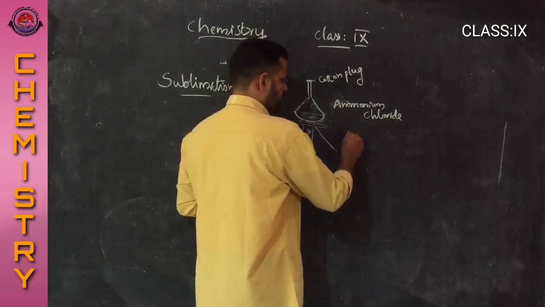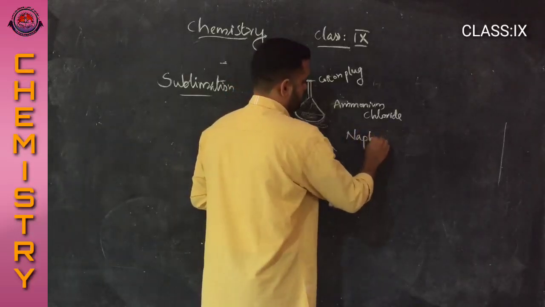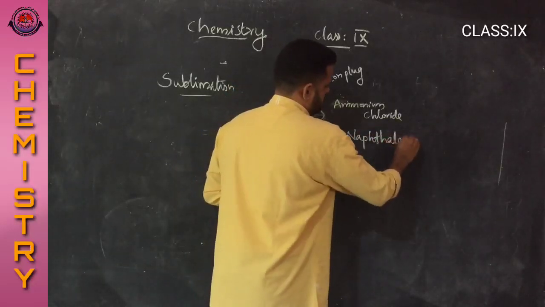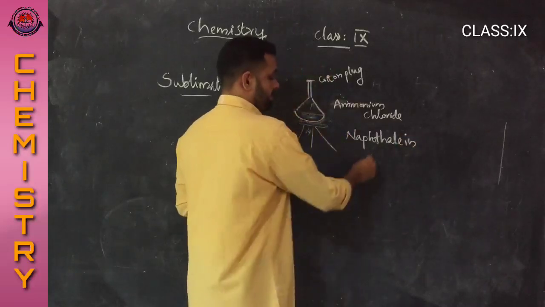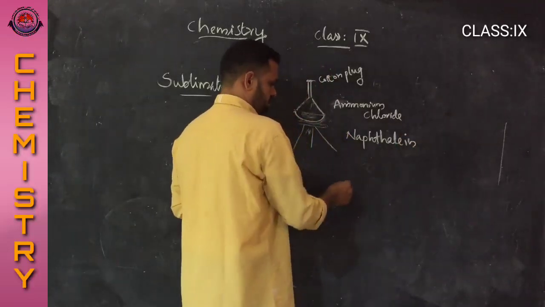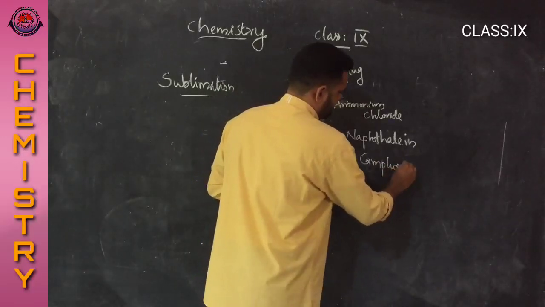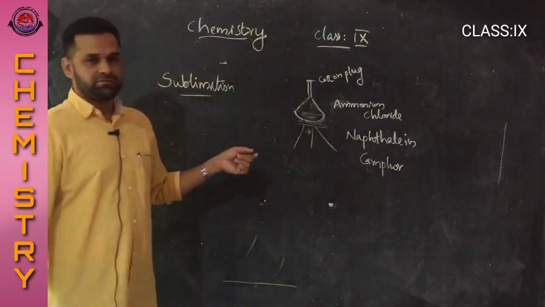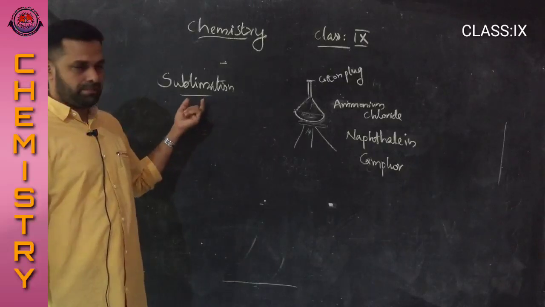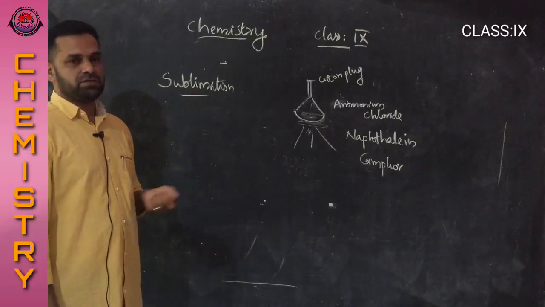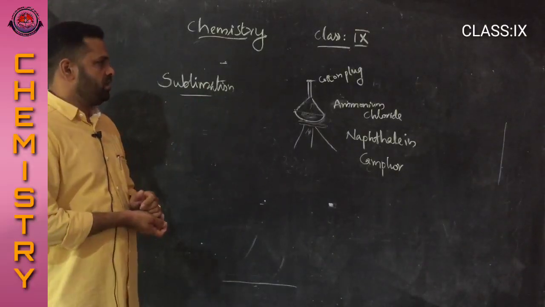Then naphthalene, and another example, camphor. All these are examples of sublimable substances. So this is called sublimation.